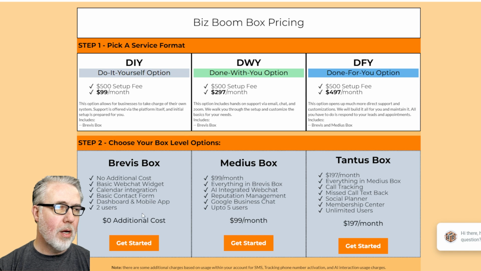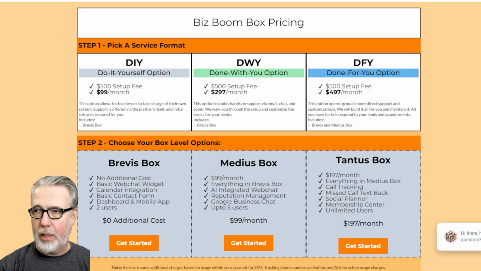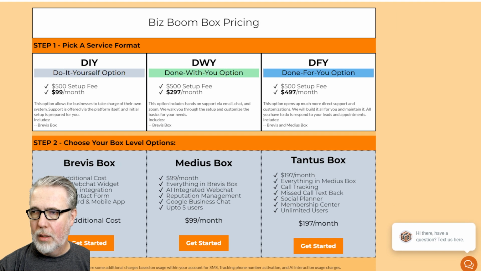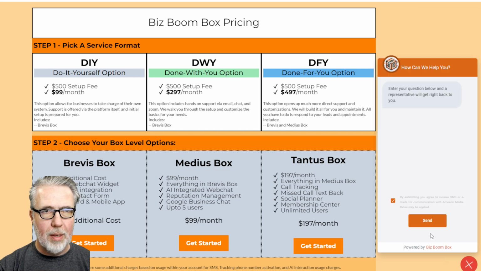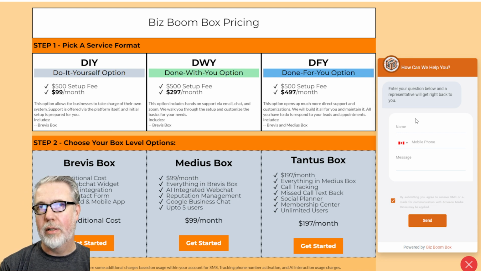So the Brevis box is no additional cost. So you can get the Brevis box at the $99 per month level. No additional cost. You get a basic web chat widget, which is like this one here. Can you see it? No, let me move this over a little bit. So this is the basic widget. It allows people to respond when you're not there, and then you can actually turn it onto live chat.